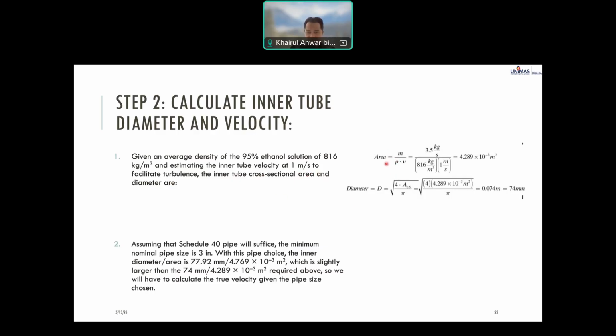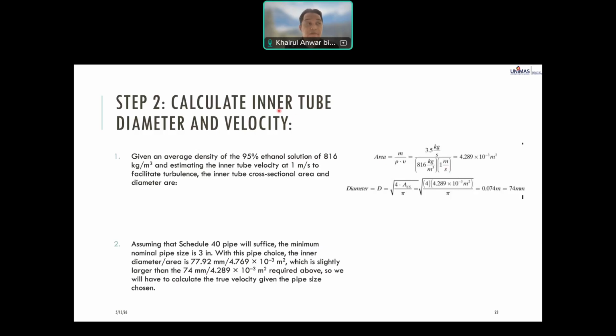In this equation, we have 3.5 kg per second, and we assume velocity as 1 meter per second.